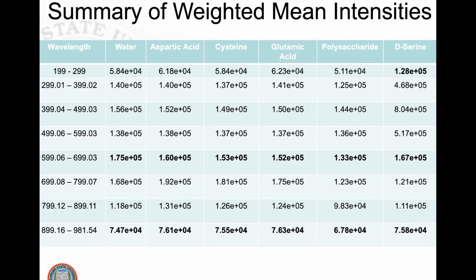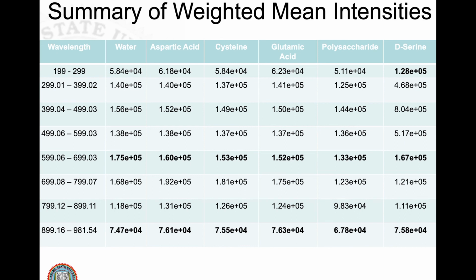And so we tried another experiment where we took the weighted mean intensities of each one of these 100 nanometer spectral bands. We took each spectral line and weighted it by the probability associated with that 100 nanometer spectral band, and we plotted that weighted mean. So the spectral line times the probability associated with that particular band, and this is what we got.